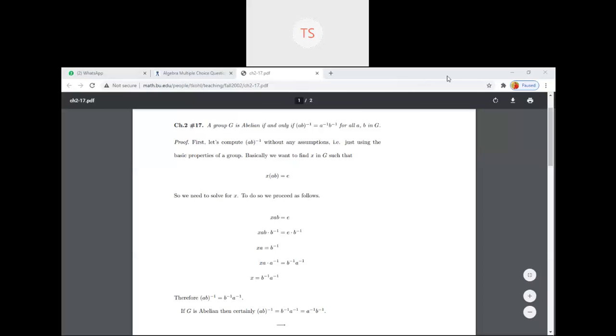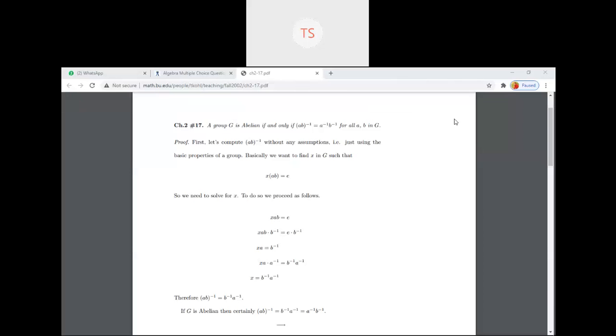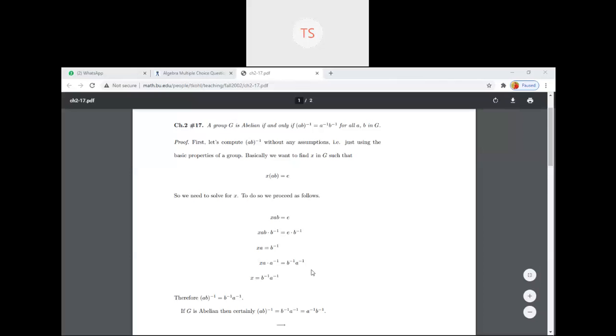So here, after multiplying B^-1 to both sides, we will get X A, because B and B^-1 will be cancelled. So we will get XA = B^-1.